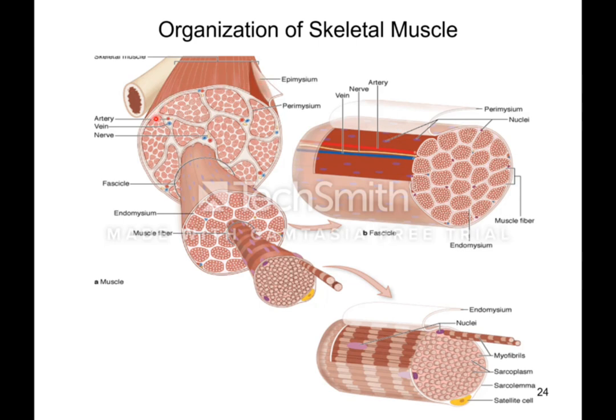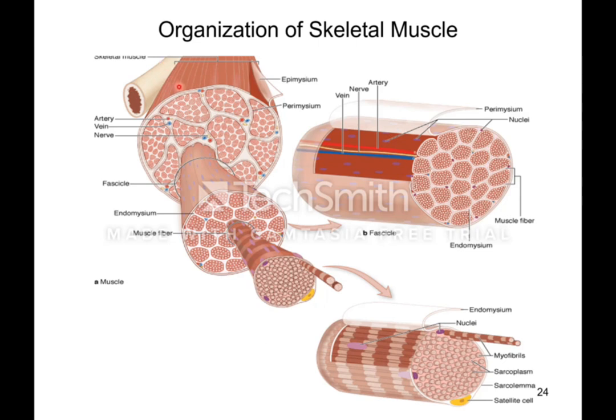Epimysium sheathes the entire muscle and sends some septa to the inside of the muscle and forms the perimysium that includes the nerves and vessels, and again the perimysium sends septa to the inside and forms the endomysium that surrounds one cell or one fiber. The endomysium includes the satellite cells and also the capillaries.